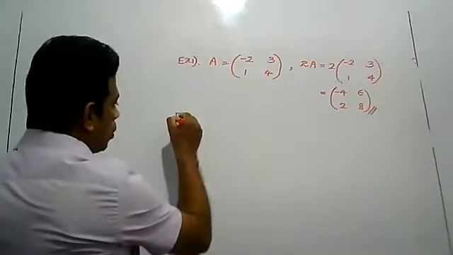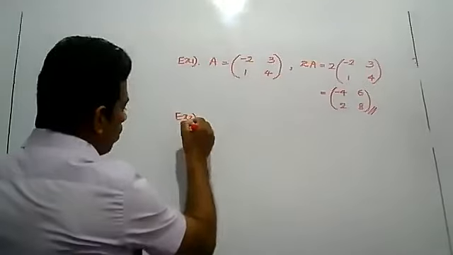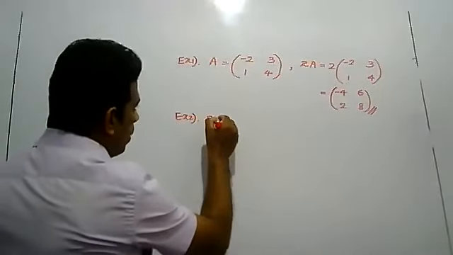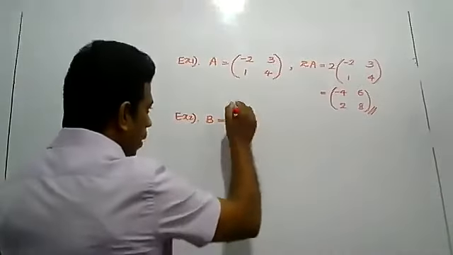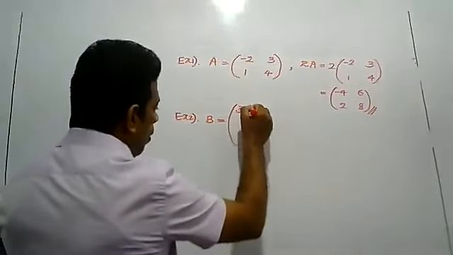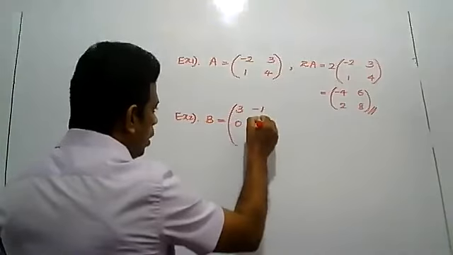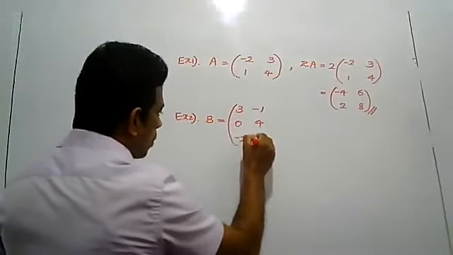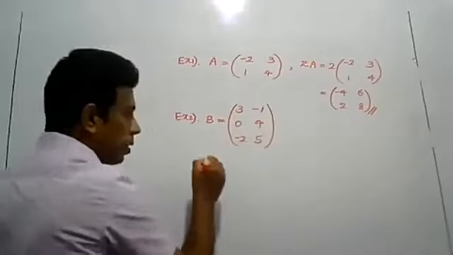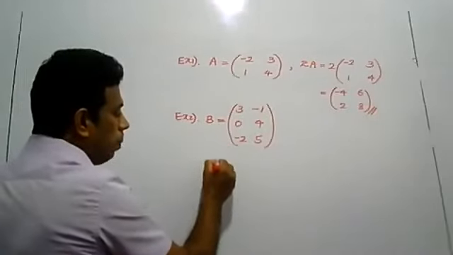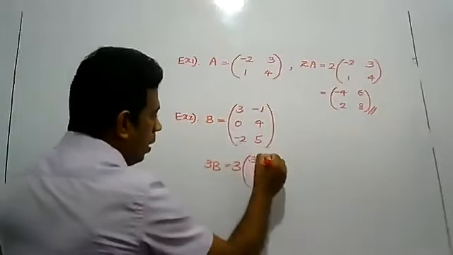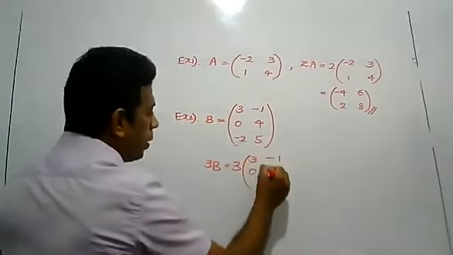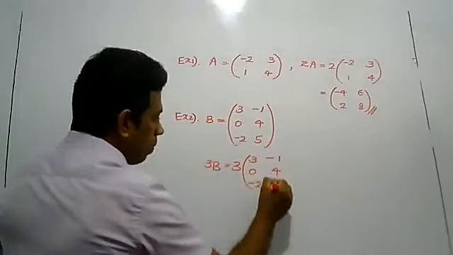Now example 2, matrix B. I will write matrix B: 3, minus 1, 0, 4, minus 2, 5. This is a matrix. I want to find 3B. That means all the elements of matrix B should be multiplied by 3.